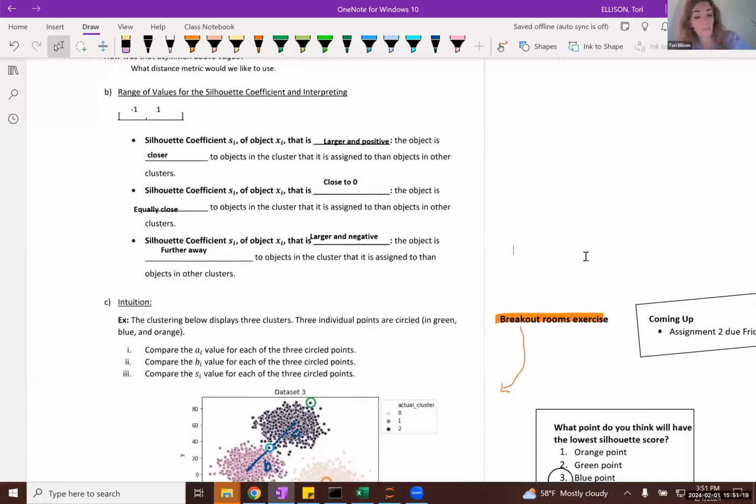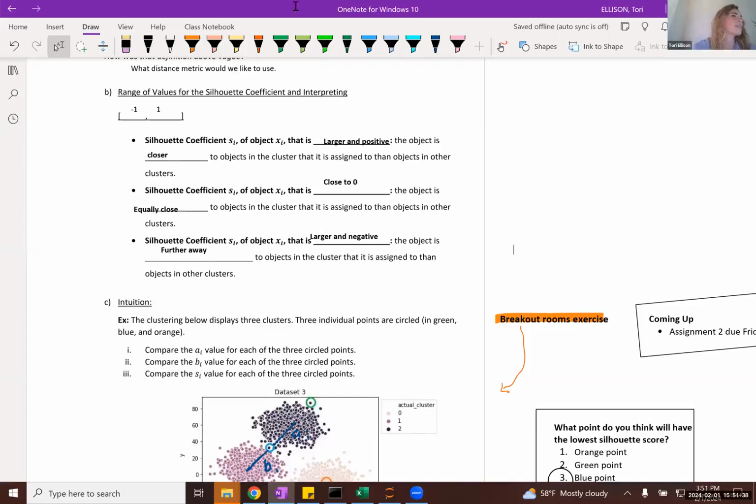The ideal scenario is one in which all of your silhouette scores are exactly 1. Or in other words, it's as close as possible to the observations in the cluster that it was assigned to, and it's as far away as possible from the observations in clusters that it was not assigned to.